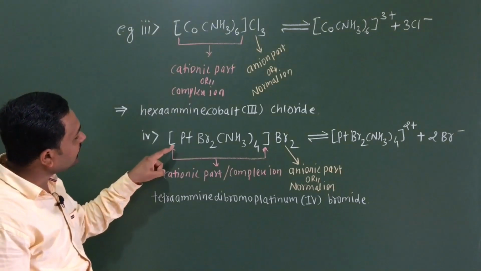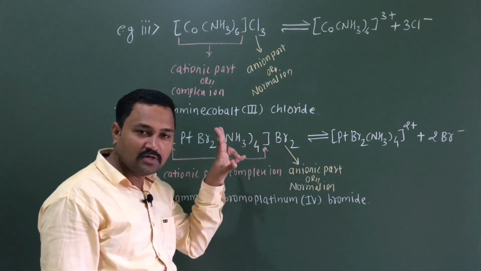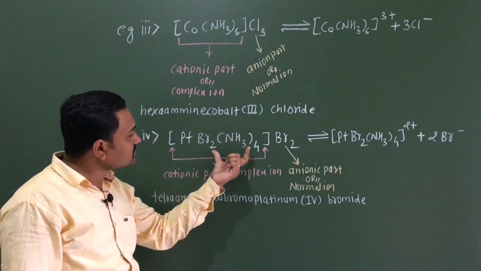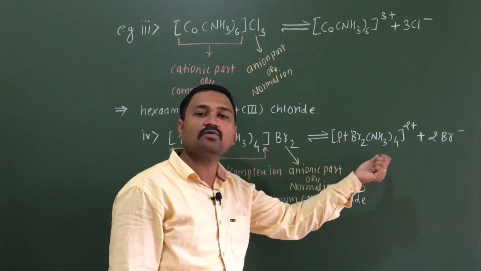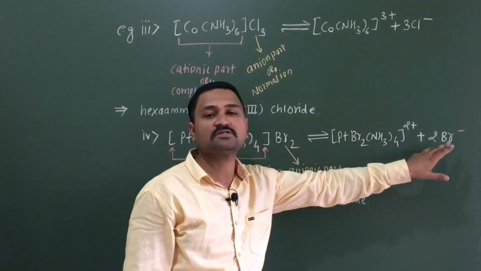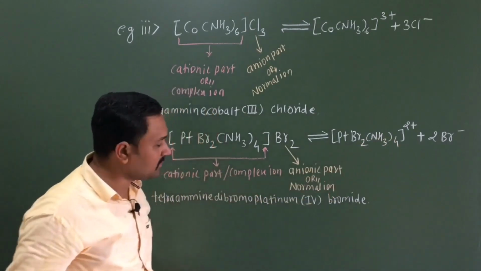The fourth example is [PtBr2(NH3)4]Br2. When this complex is dissociated, it will give [PtBr2(NH3)4]2+ and Br- ions. So this will be your complex ion and that will be your normal ion.